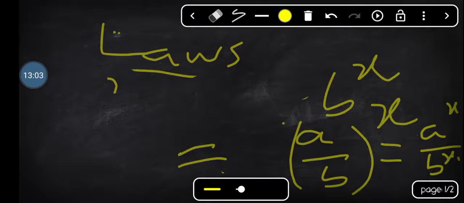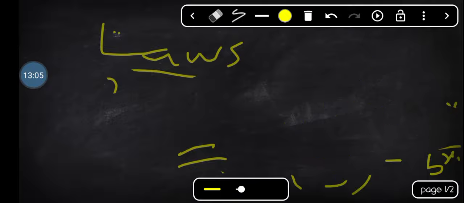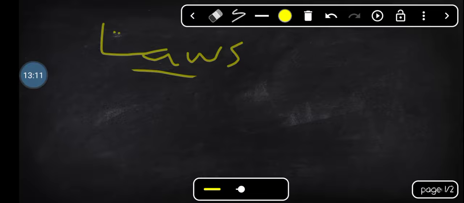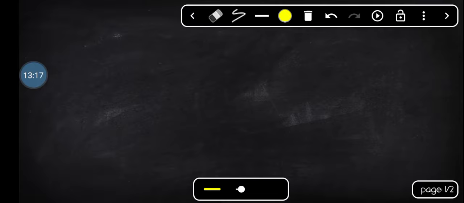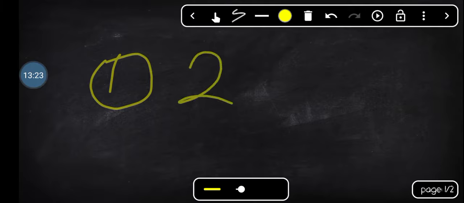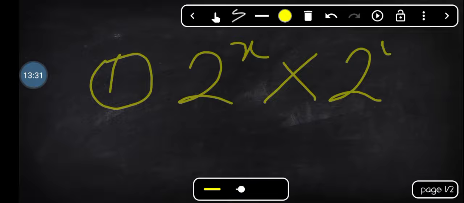So let's look at one or two questions before we bring this to a close. Number 1: 2 raised to power x times 2 raised to power y.